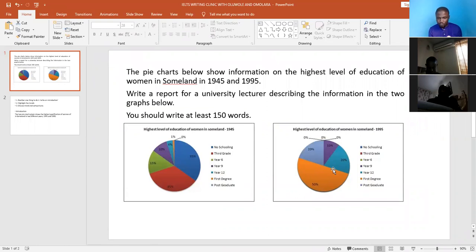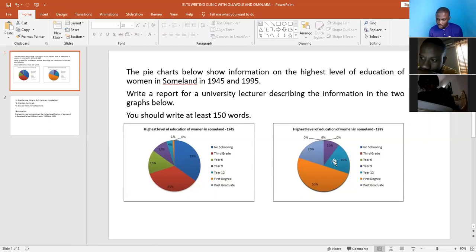Okay. And what do I call it now? Then the next one is this one in purple. I think that's year 9. Year 9 was 10%, but remained constant at 10%. Then what's the next one? Year 6 was 15%, but was not represented at all.